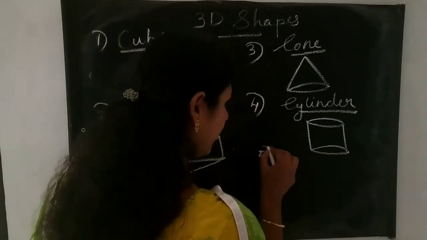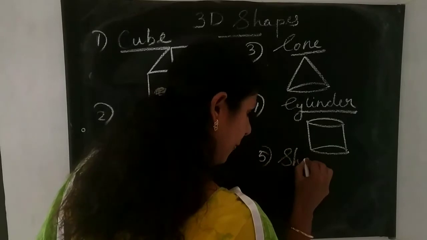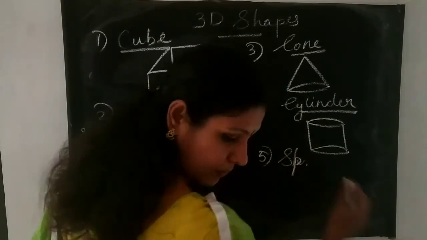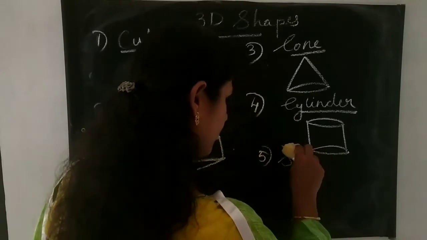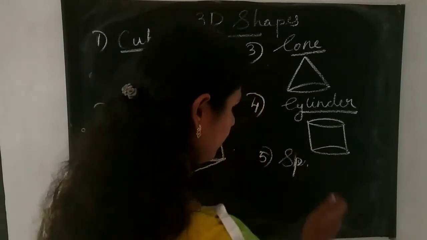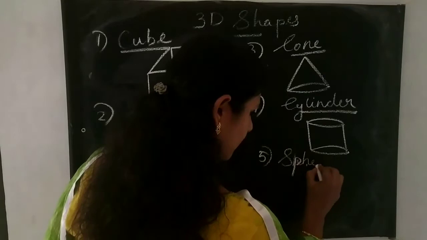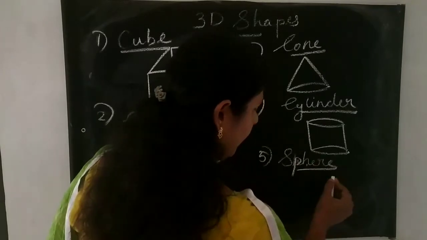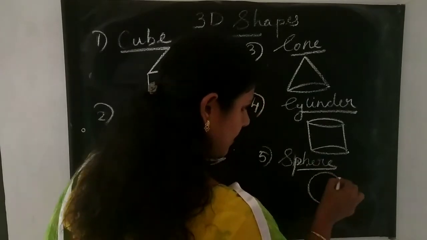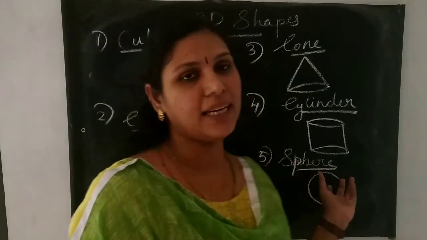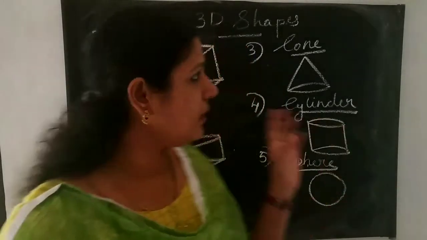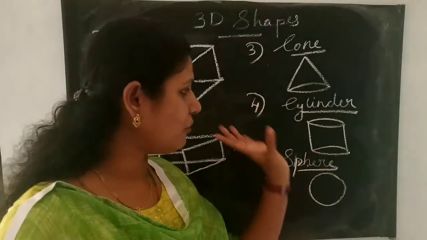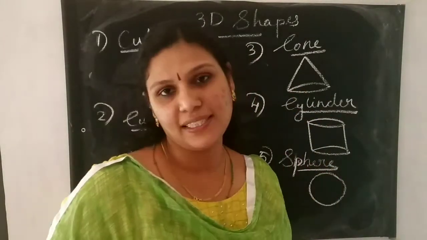The last one is sphere. Sphere is like this. It looks like a ball. That is sphere. Okay, these are the 3D shapes you have to study this year.